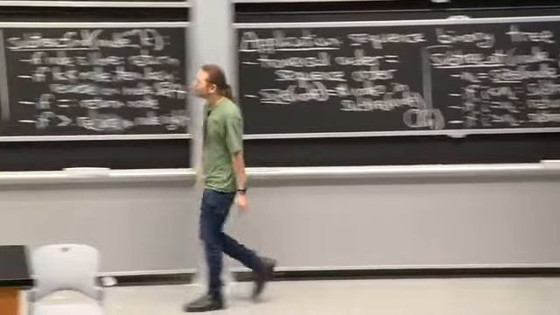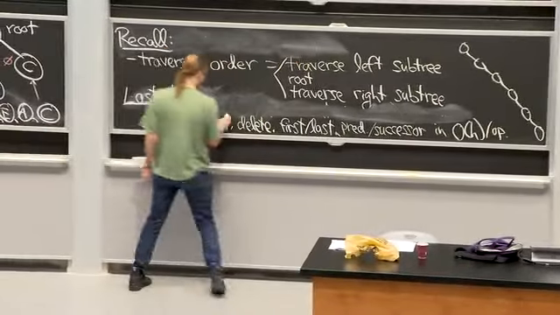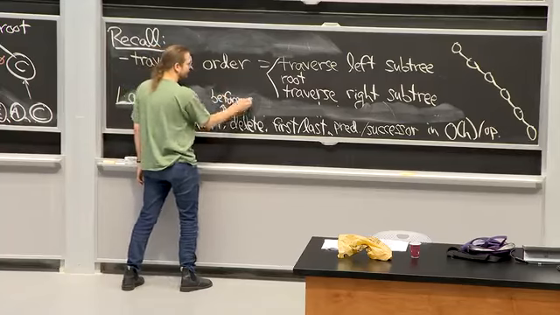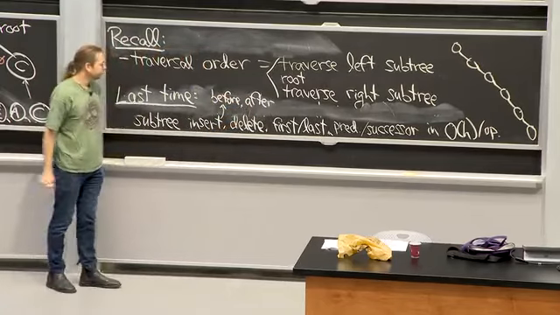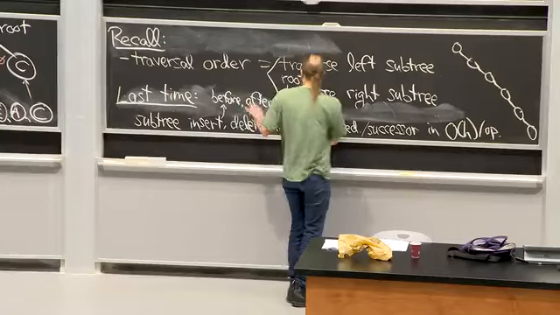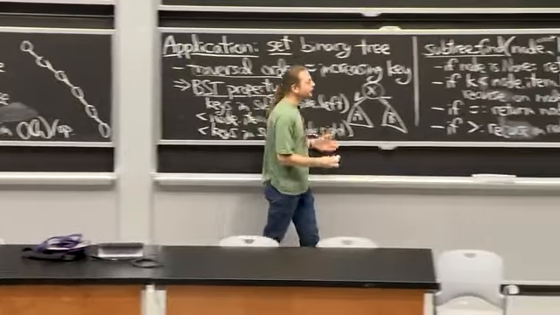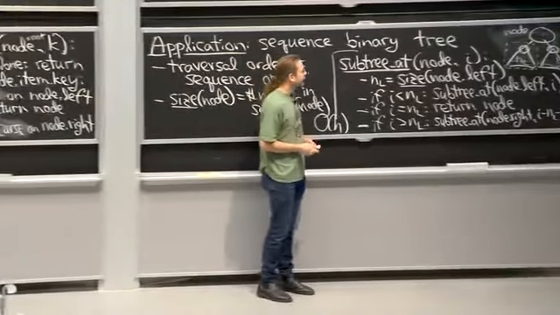And conveniently, I didn't mention it, but we already have a subtree_insert. We had two versions, before and after. I think we covered after, which is successor, and before uses predecessor. But we can just call subtree_insert_before at that node, and boom, we will have added a new item just before it.